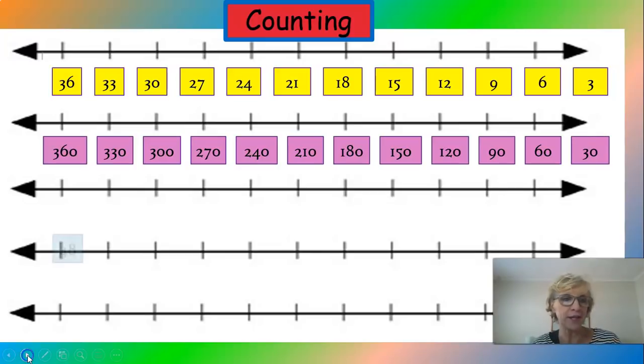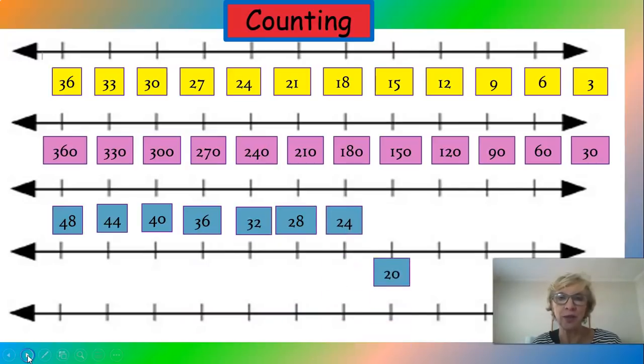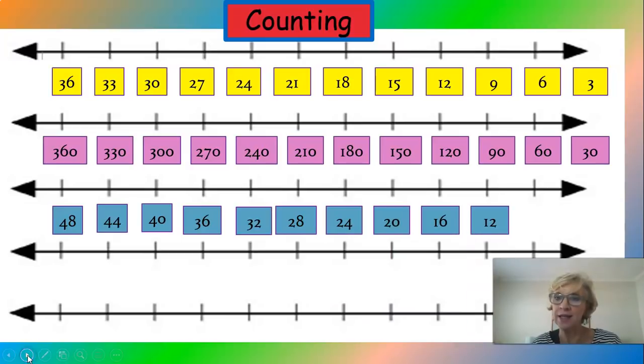And the next pattern we're going to do is in 4s, but we're counting back from 48. So 48, 44, 40, 36, 32, 28, 24, 20, 16, 12, 8, and 4.